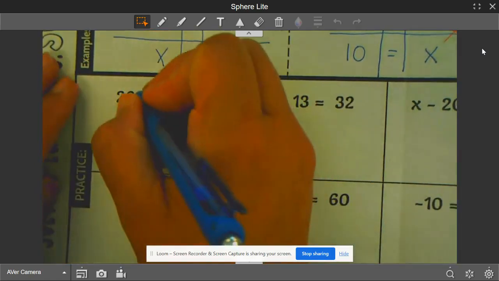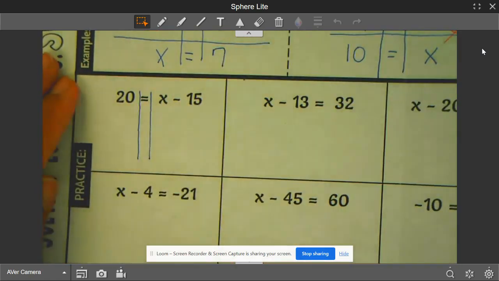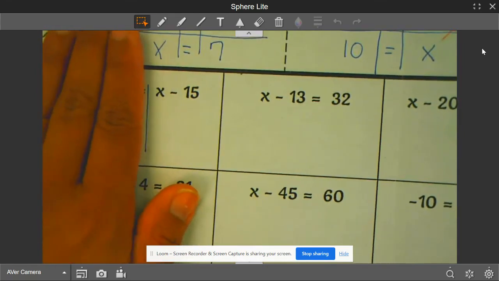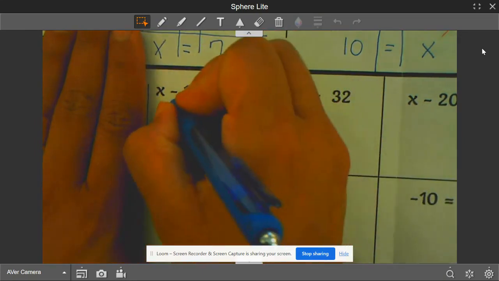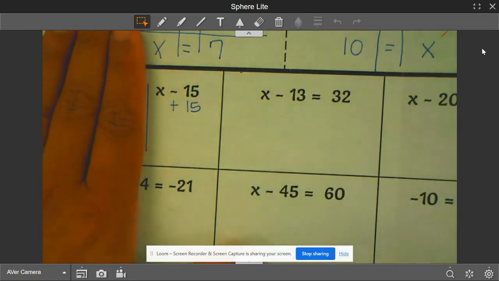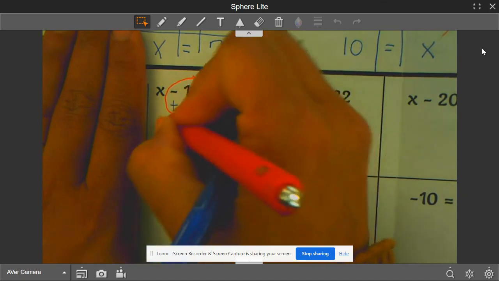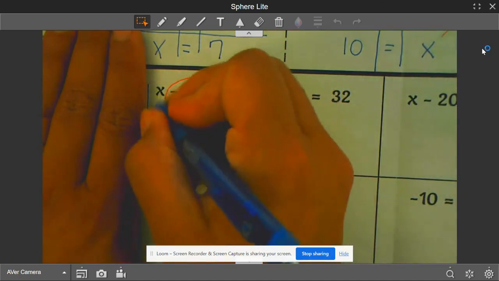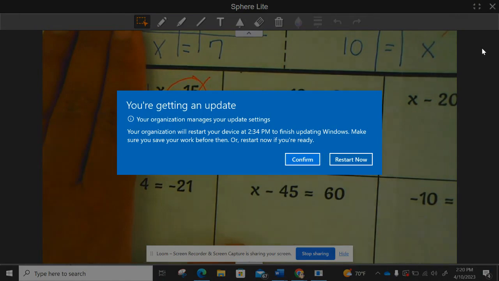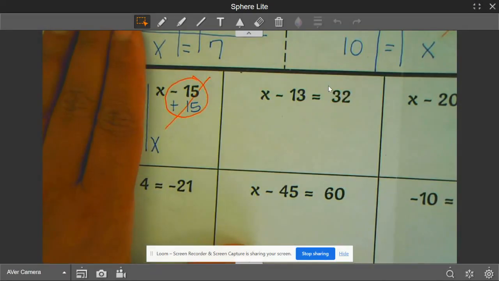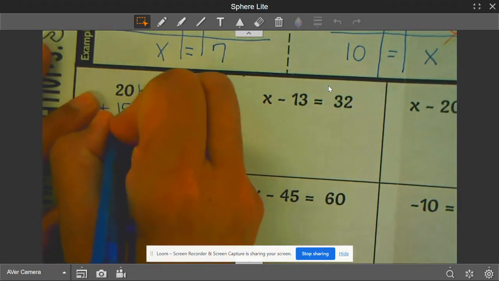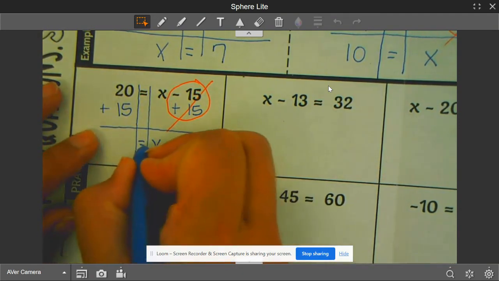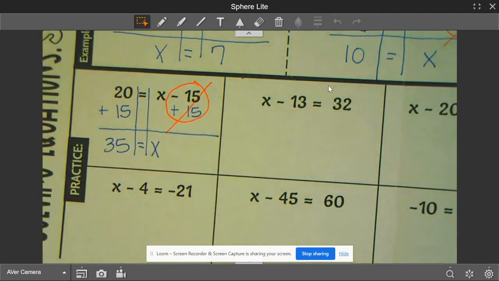But let's show that algebraically. So cover that up. The inverse of subtracting 15 is adding 15. That creates my 0 pairs, and my variable is isolated. And then whatever I do to one side, I also have to add 15 to the other side. Do the math. I end up with 35.